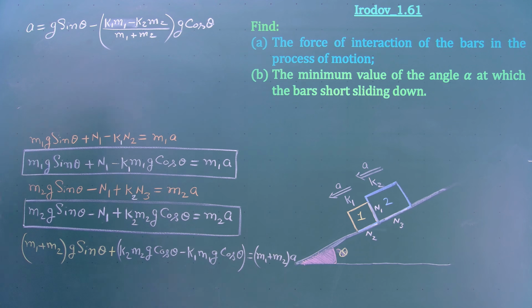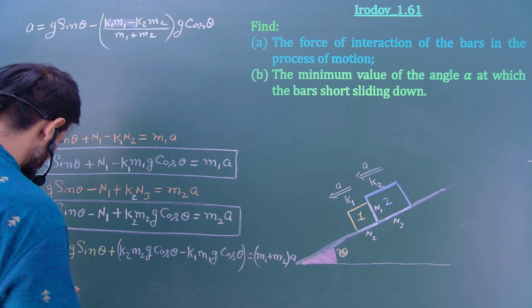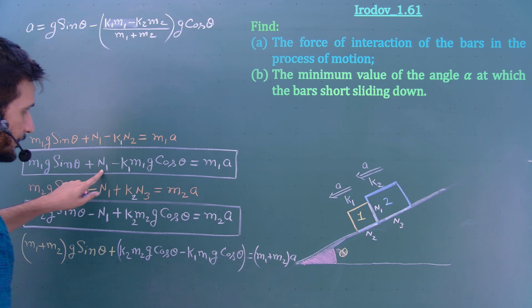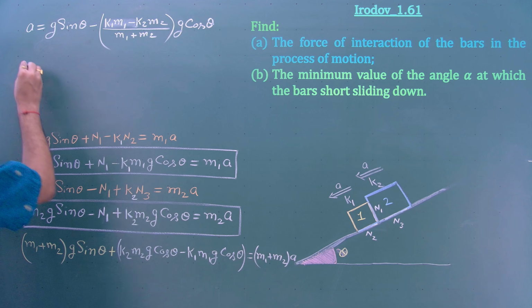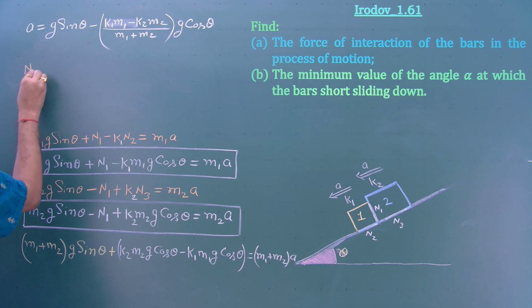So this is the answer for acceleration, but we have to calculate the normal reaction n1, not the acceleration. So normal reaction n1 must be equal to m1 A.